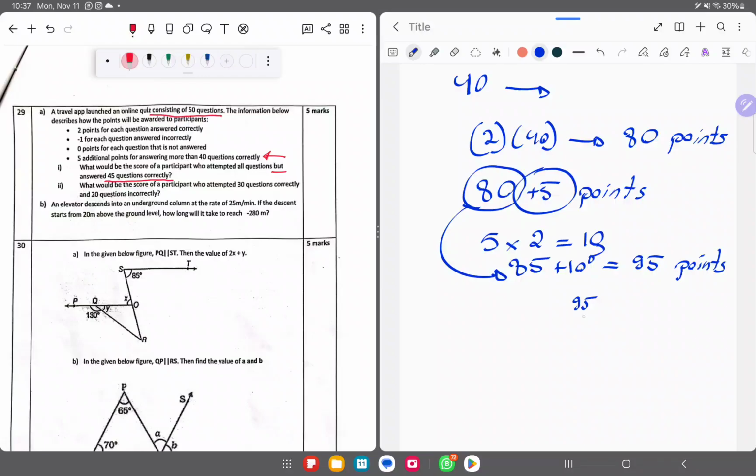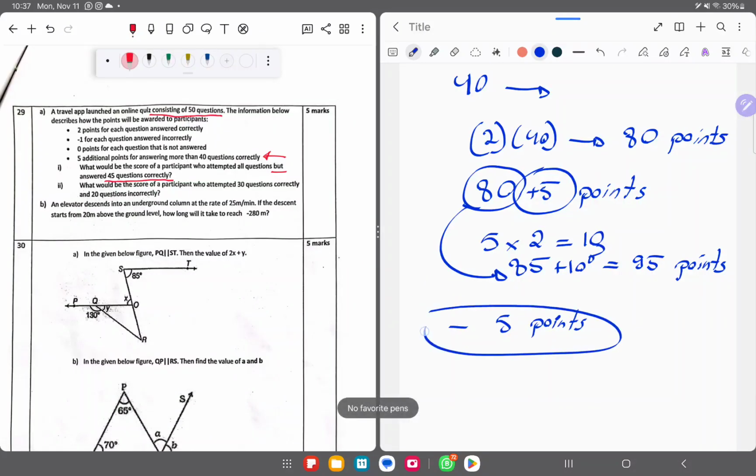Okay, I need to subtract. So 50 minus 45, that's 5 wrong, so minus 5 points. The method that I need to use here is to finish the positives first and then go for the negatives, because the positives are easier to calculate than the negatives.